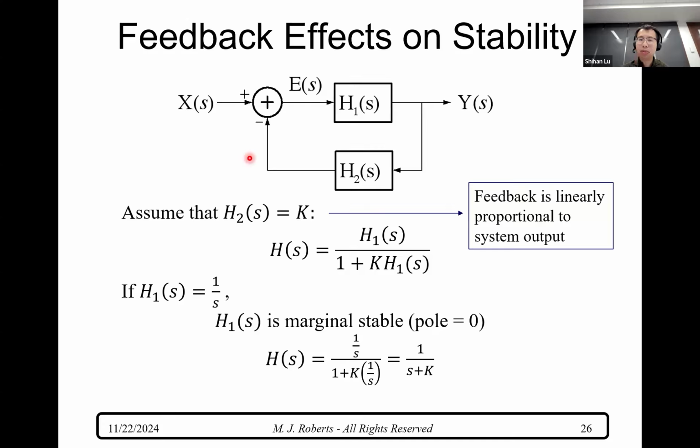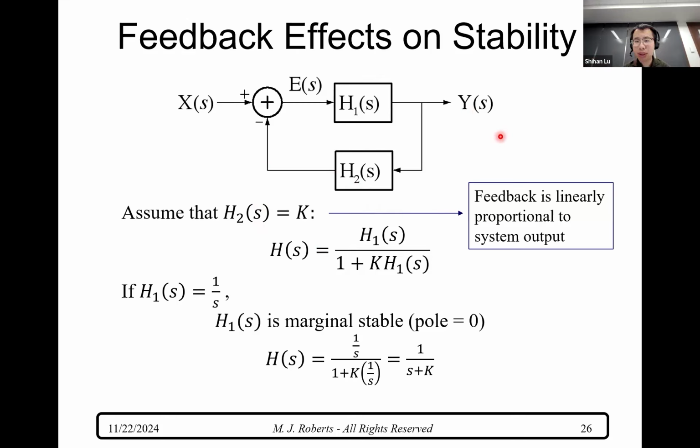The most straightforward way is to use a linear proportional feedback of the system output, which is simply a constant k, no matter what the current system output is. The feedback will just be k times the current system output.